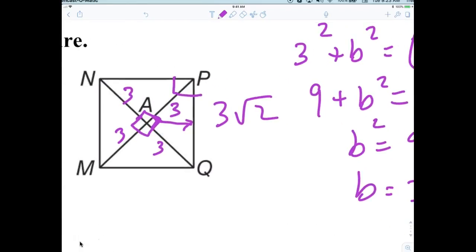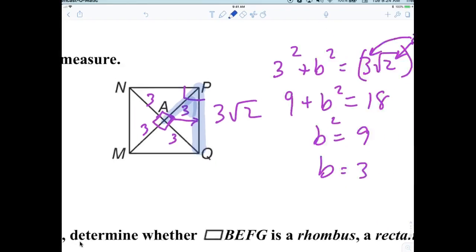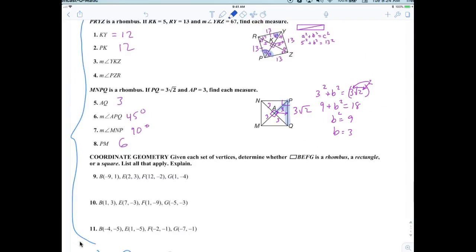So, A, P, Q. It's asking for this angle. That's 45. Right? You have to be careful with what angle you're looking at. MNQ is 90 to the top, and then A is like top. 45. Yes, we just determined it was a square, right? All right, it's a square, so the angles are 90. Half of 90 is 45.